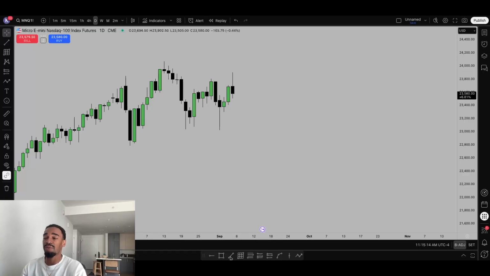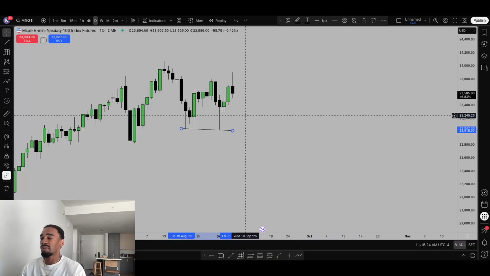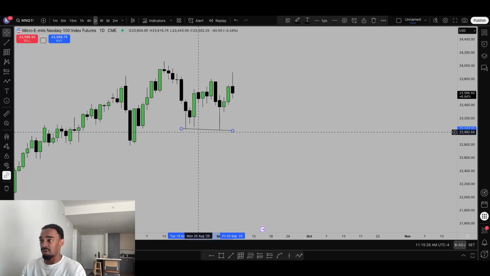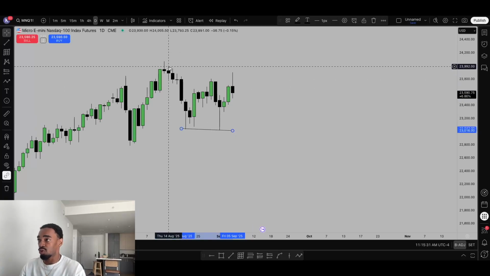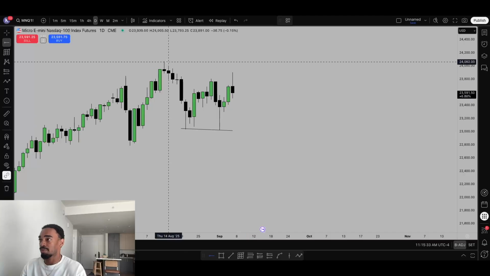So a higher time frame for me on where I'm looking at market direction is the daily and the 4-hour. And the one thing that I noticed coming into today is that after we swept these sell side liquidity levels down here and we had this SMT, we have the run higher yesterday towards this all-time high.